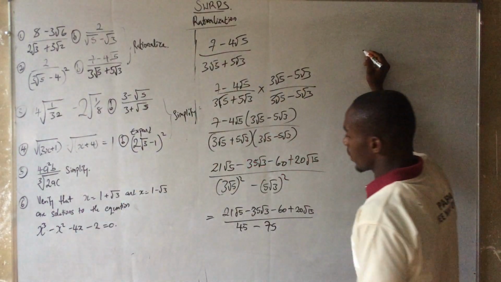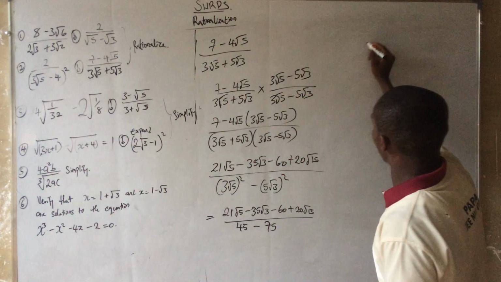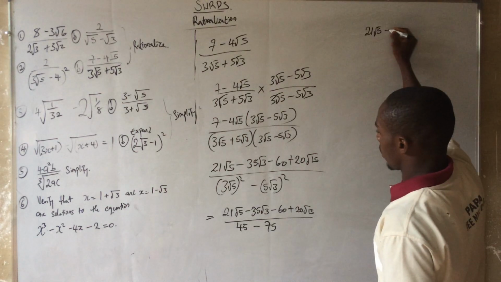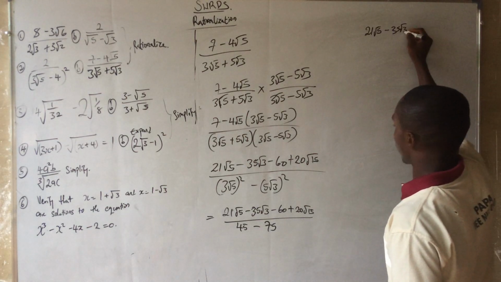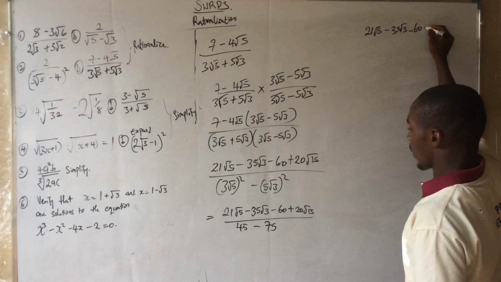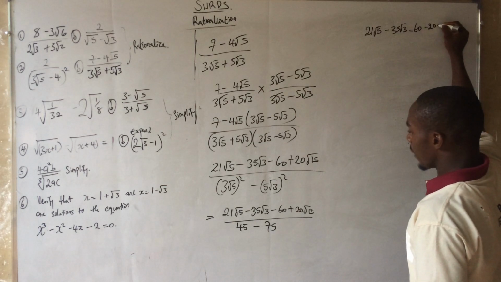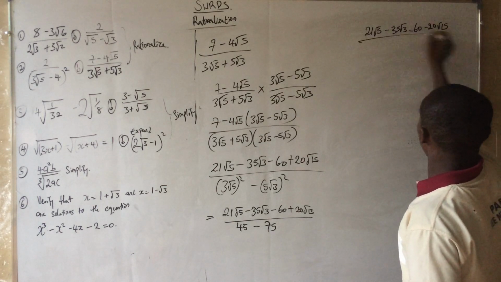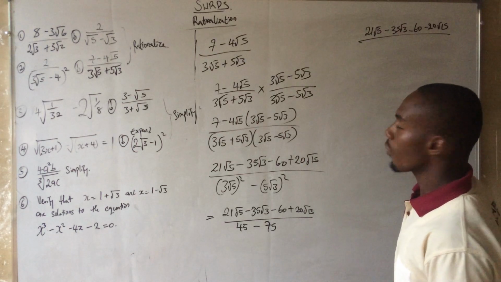So now this is going to give me 21 root 5 minus 35 root 3 minus 60 plus 20 root 15 all over minus 30.